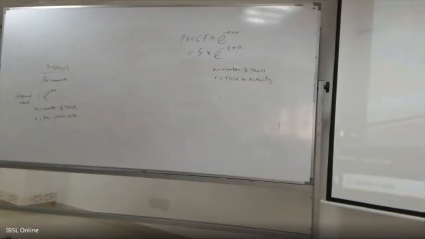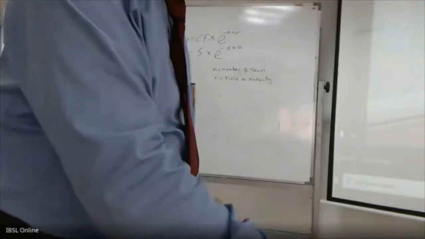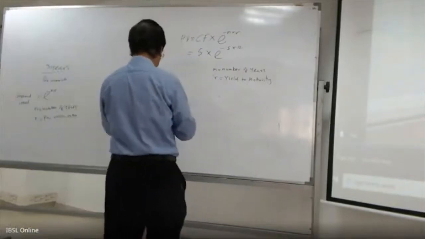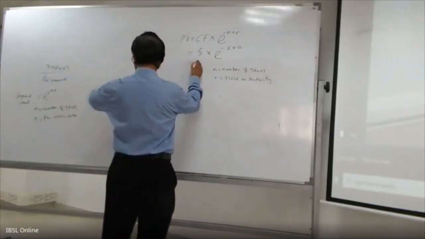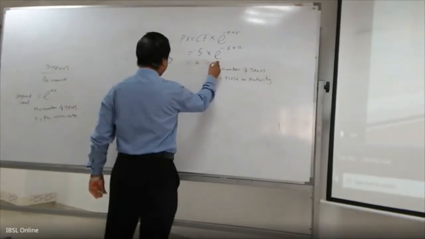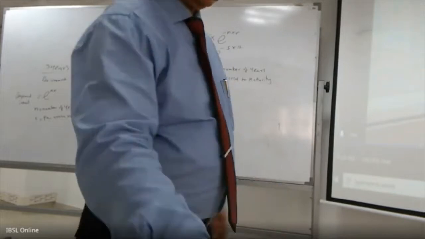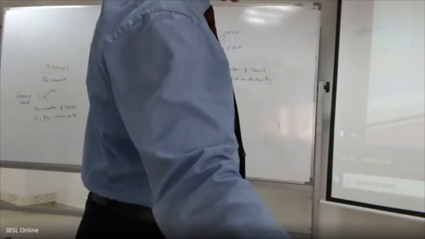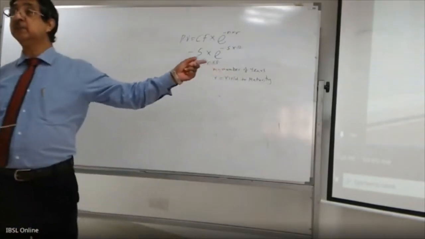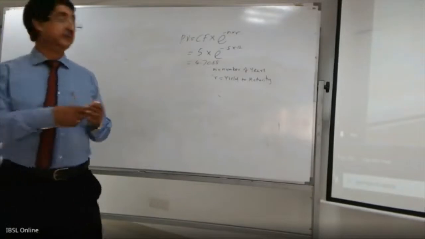Now, I just want to show you that we get this answer as 4.7088. But since it is enough for you to have 3 decimals here, for the nearest 3 decimals, the answer would be 4.709.